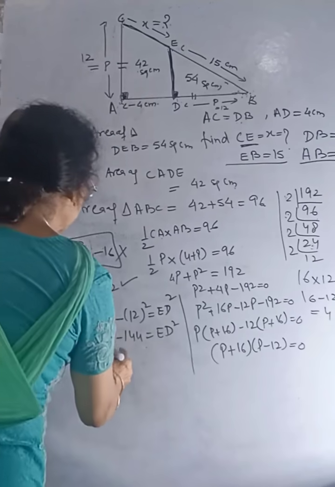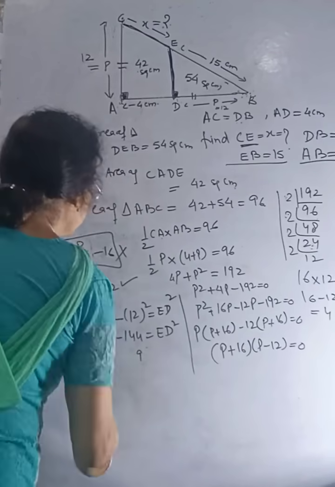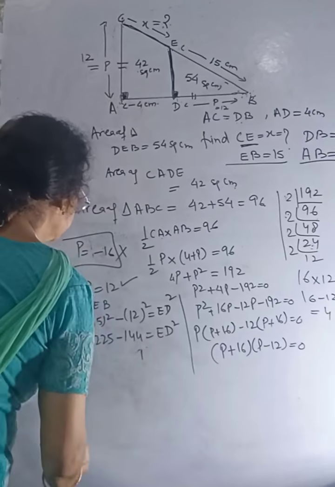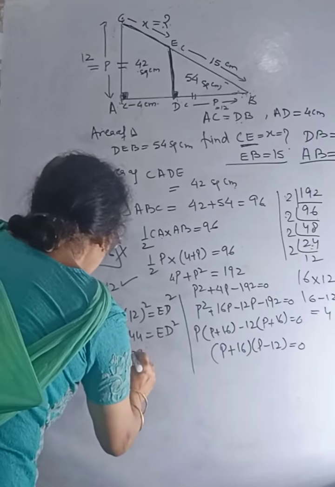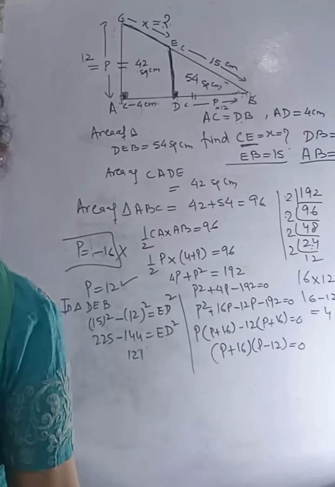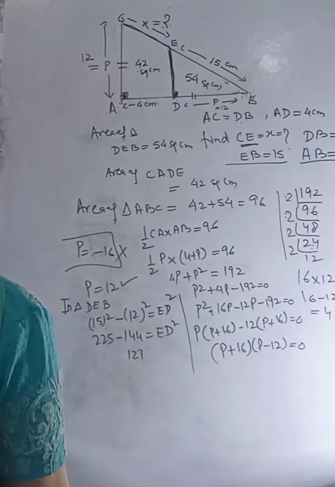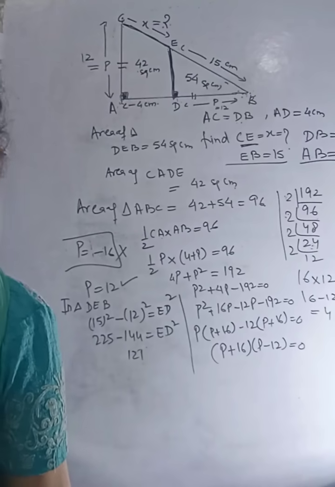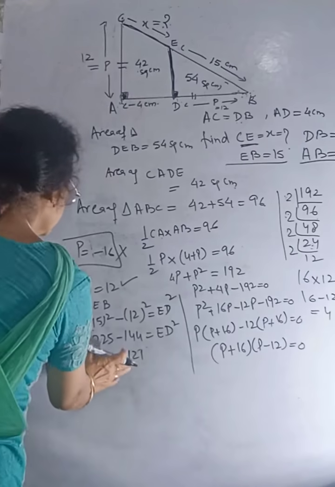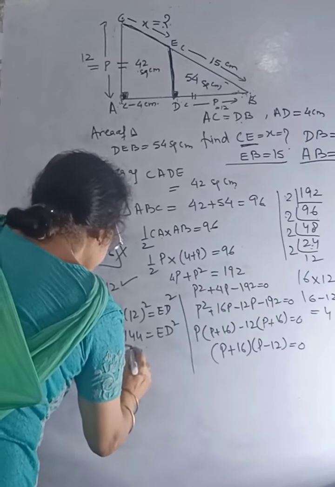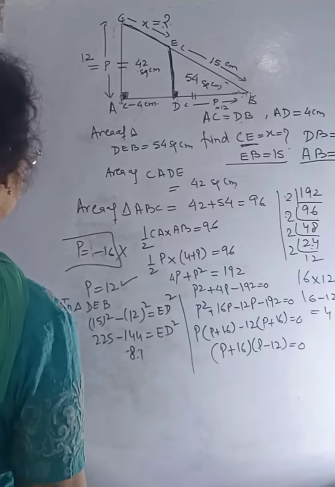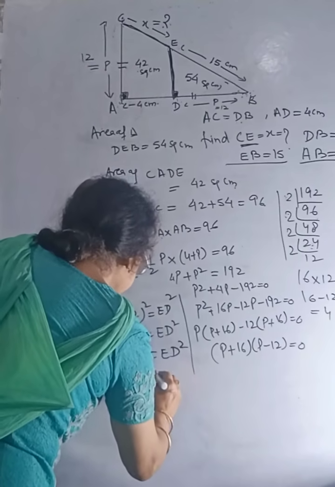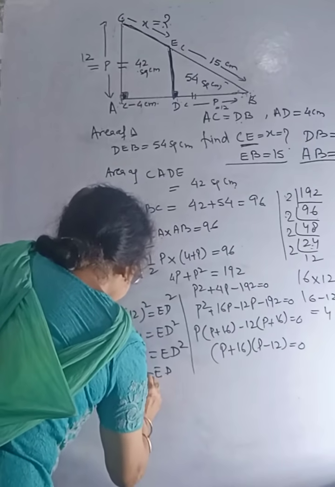It means this is equal to 81. ED square is equal to 81, so ED is equal to 9.